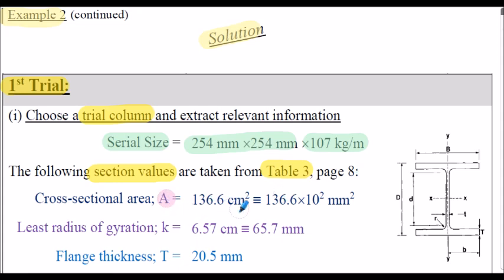The area, 136.6 centimeters squared. Converting that into millimeters, we multiply by 10 squared, or multiply by 100, so that's 136.6 times 10 to the 2 millimeters squared. The least radius of gyration K was 6.57 centimeters, so that's 65.7 millimeters. And the flange thickness T was 20.5 millimeters, this thickness here. That's the information extracted from our standard.